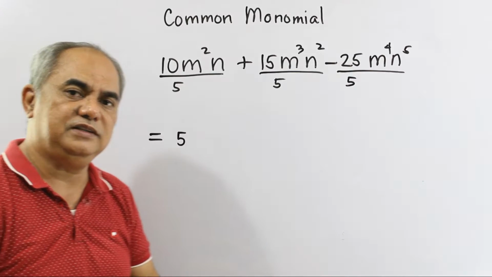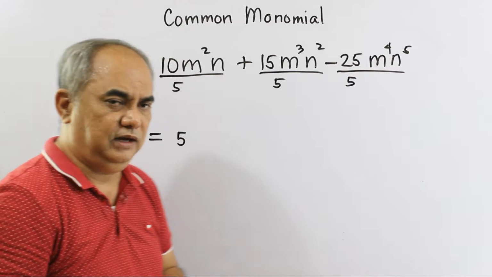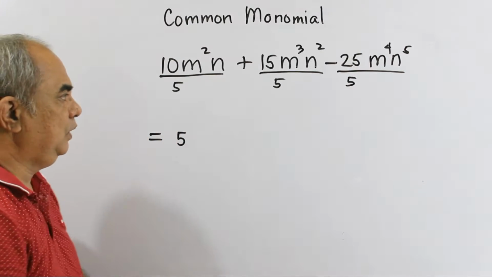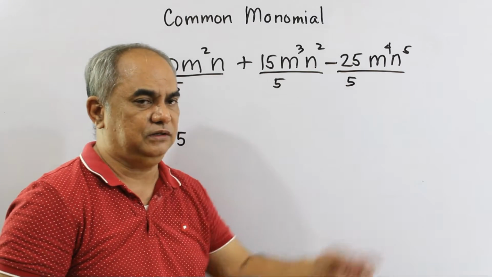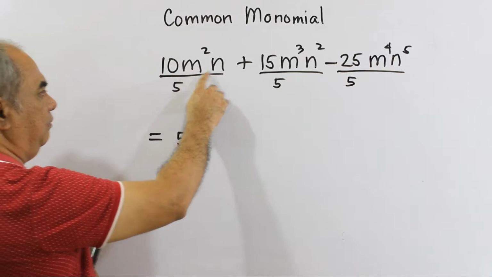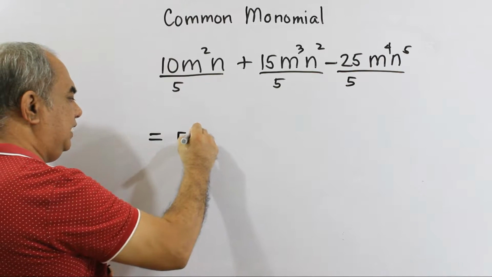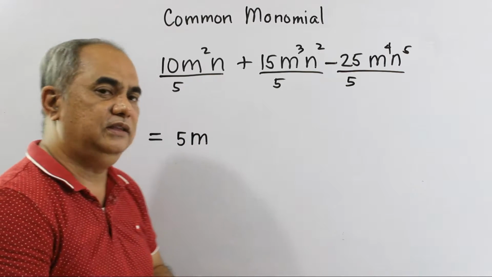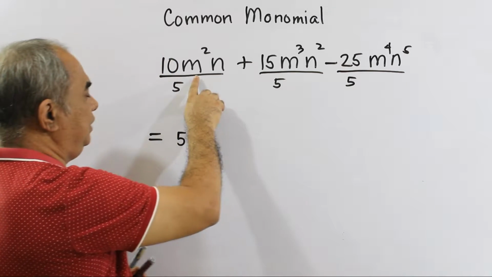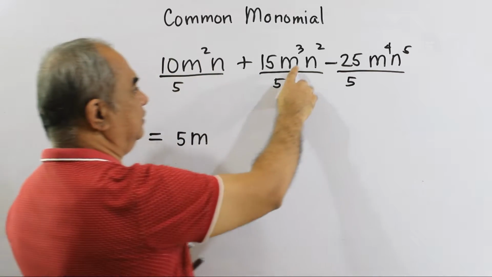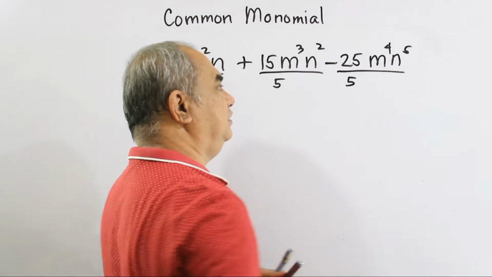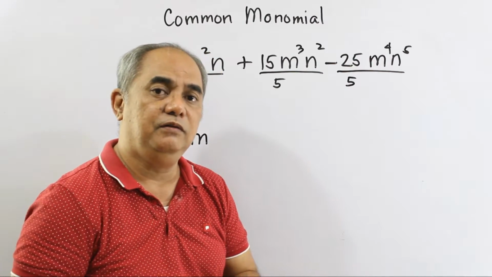After we finish with the constants, let's go to the variables. Let's investigate. What are the common variables for the three terms? Obviously, we have m and n. Let's consider first m. If we write m here, we need to consider the exponent. For the first term the exponent is 2, the second term is 3, and the third one has the exponent for m as 4.